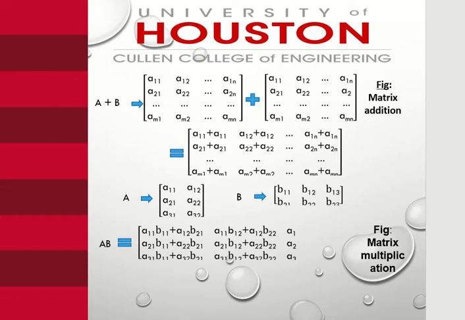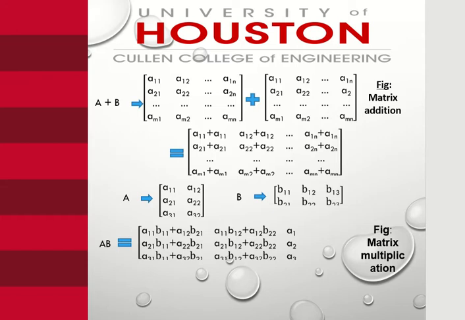Again, what is matrix multiplication? We have two matrices, matrix A and matrix B. We need to perform matrix multiplication on this. So A multiplied by B is something like this. First we start with the first row of matrix A and the first column of matrix B, and we perform calculation on this.